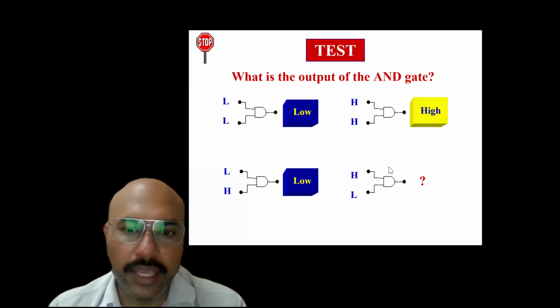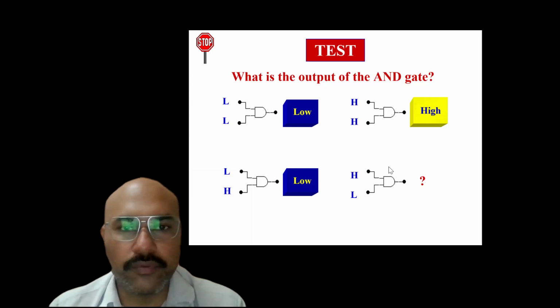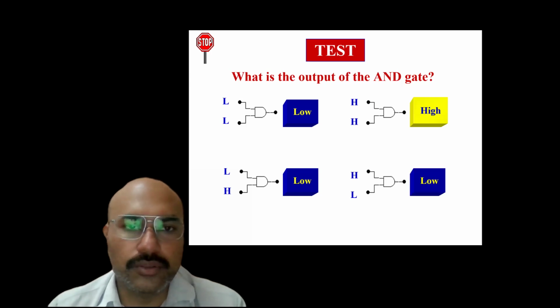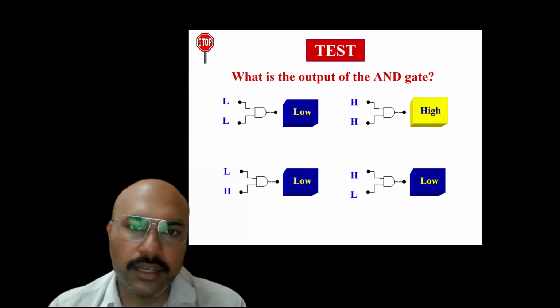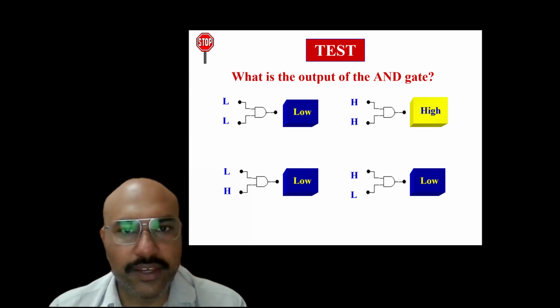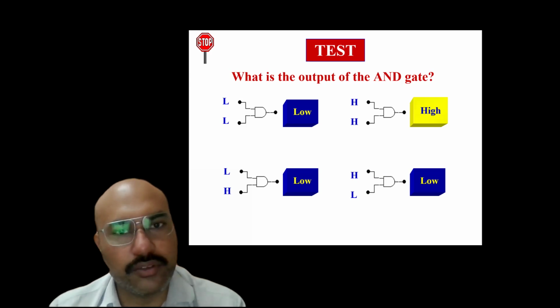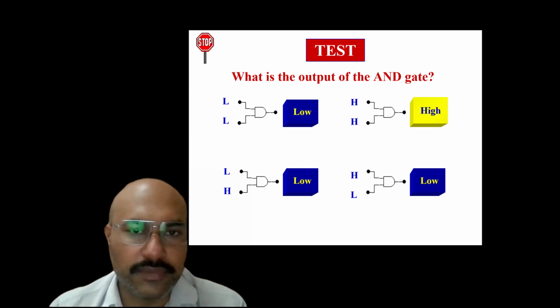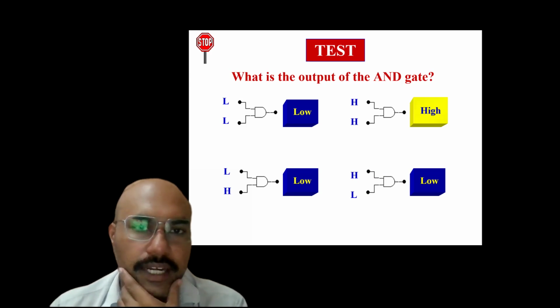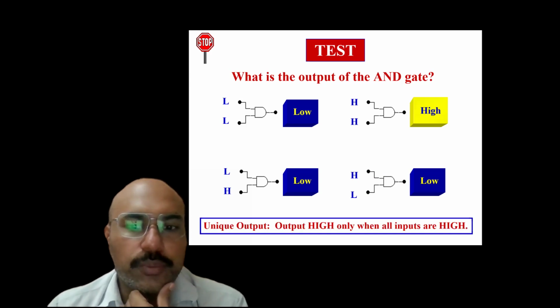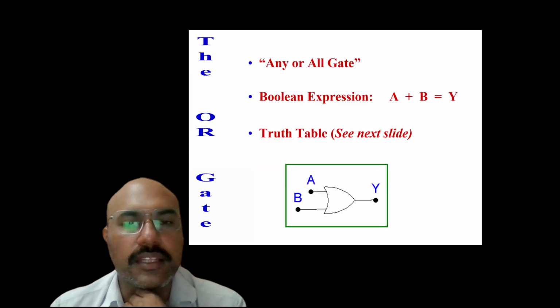And if A is high and B is low, then your output will again be low. So this is how you can understand and remember that this logic gate's output is only high when all the inputs are high. Or you can also remember all or nothing. This is called the AND gate. The unique output is that when all inputs are high, then we'll get the output high.